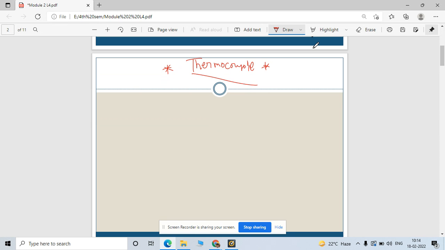See, a thermocouple works based on the Seebeck effect. Actually, what happens is that two different kinds of metal are joined together, and when they are joined, it creates a junction. At different temperatures, these metals create a potential between the two junctions. One of them is a hot junction and one is a cold junction.